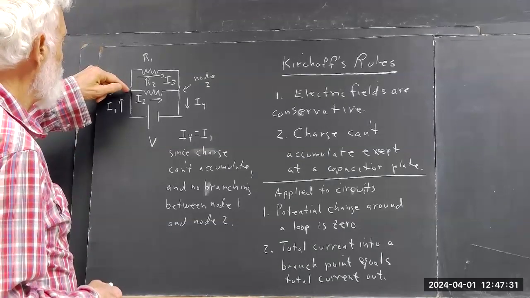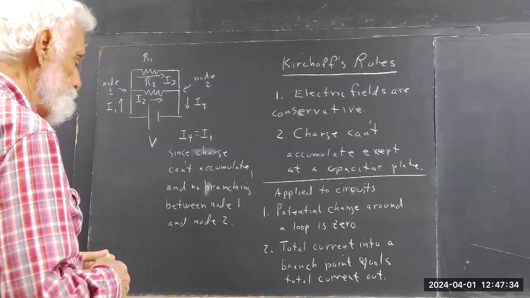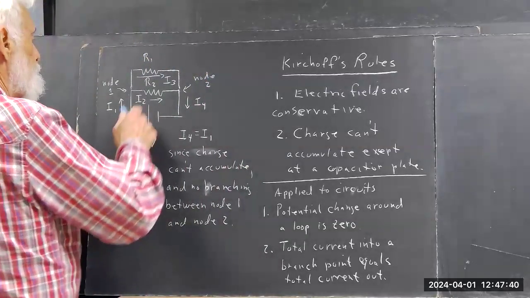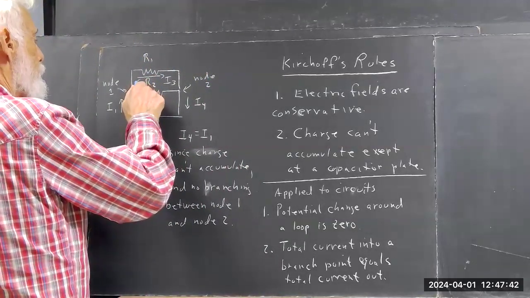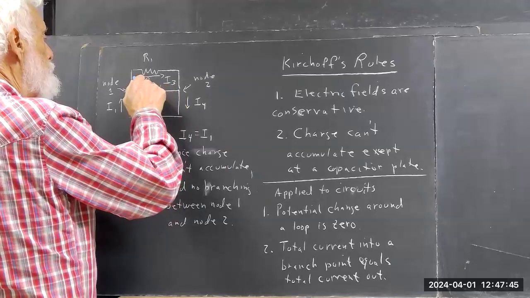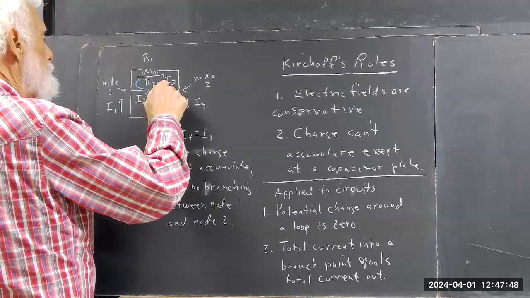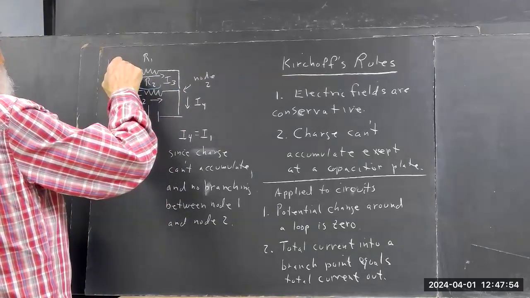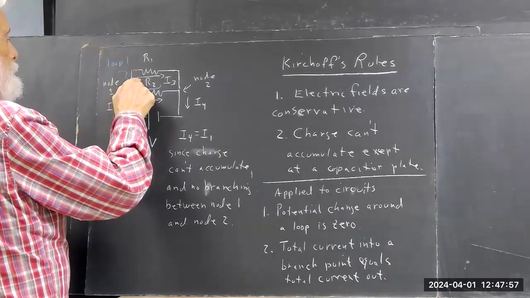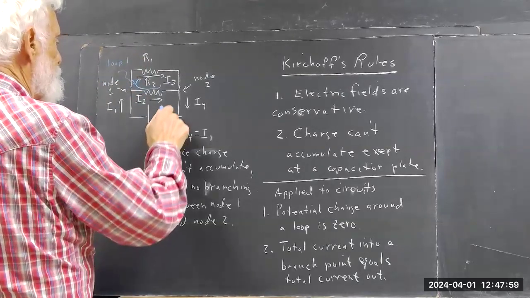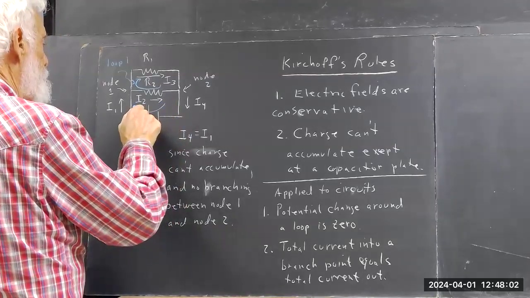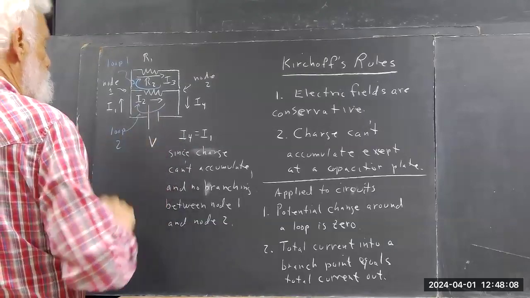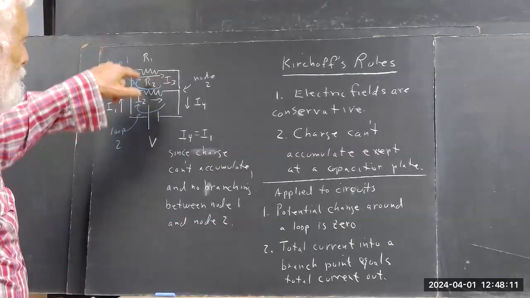Now, what's the voltage drop around this loop? I should have made this bigger so I can label loops. This will be loop 1, and we'll make this loop 2, meaning this loop and this loop.